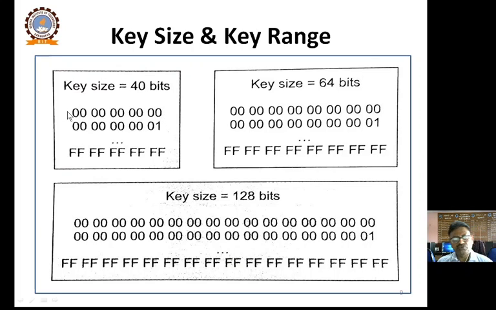So the starting range will be from 0000000000, and the last will be FFFFFFFFFF if the key size is 40 bits. If the key size is 64 bits, then the range will start from all zeros up to all Fs. If the size is 128 bits, the range is going to be more and more.